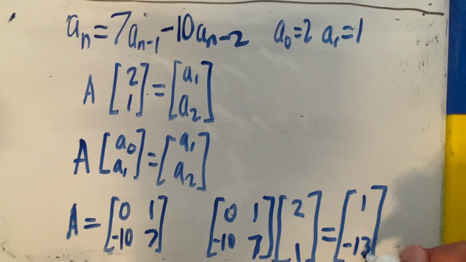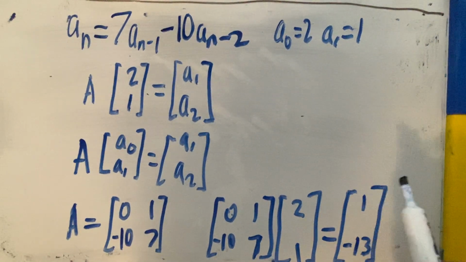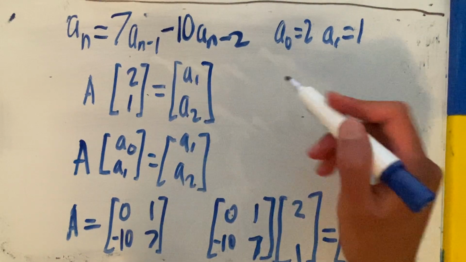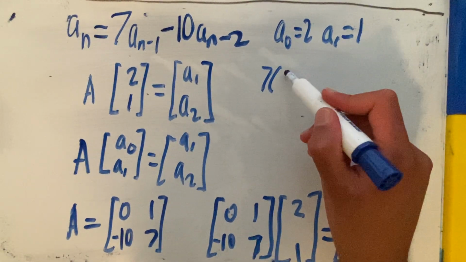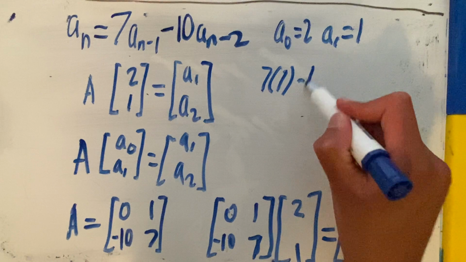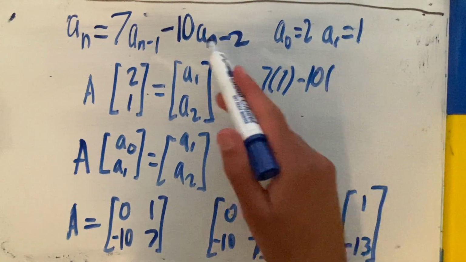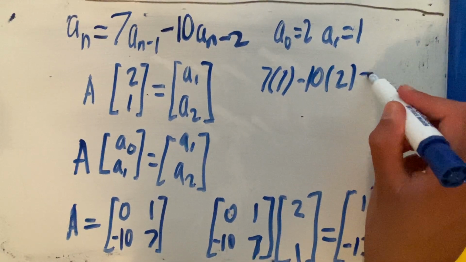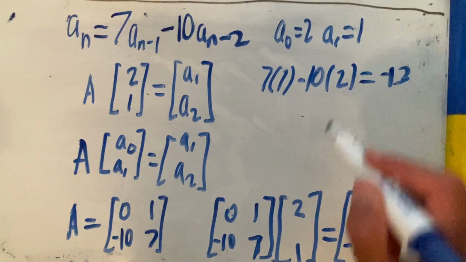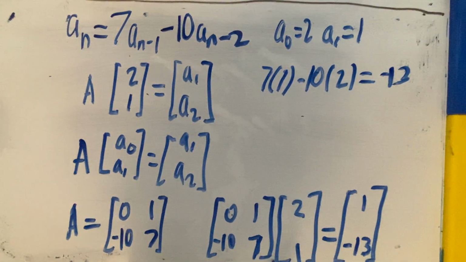And so that means right here, this is a sub 2. And we can check that again. 7 times 1 minus 10 times 2 is indeed minus 13. So this is successfully giving us later values.